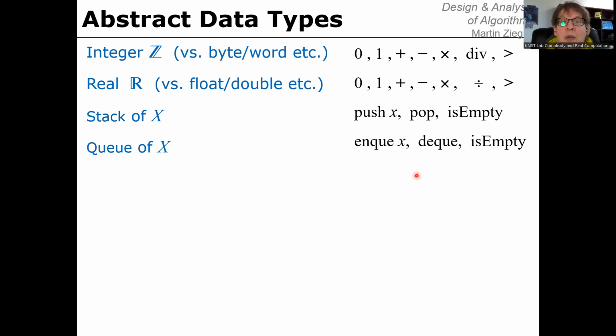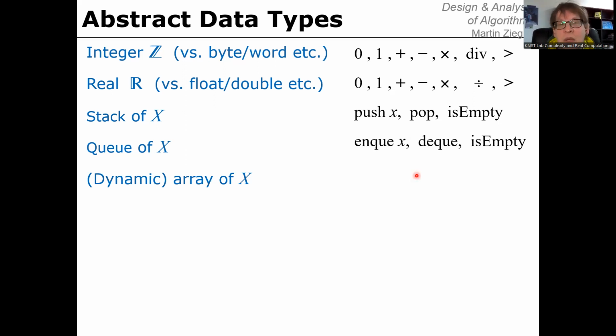Whereas for a queue, if we enqueue something and then dequeue immediately after that, it will usually be a different element. This is reflected by the acronyms: stack being last in, first out, whereas a queue is first in, first out, right?